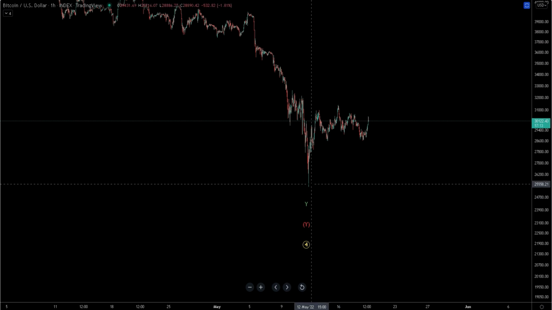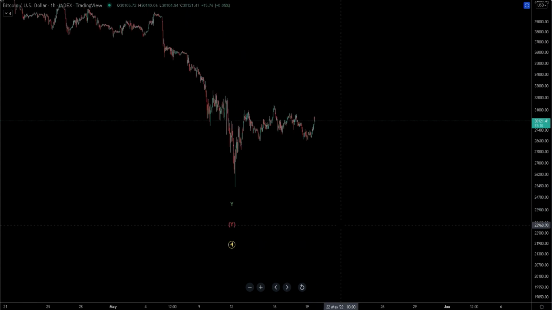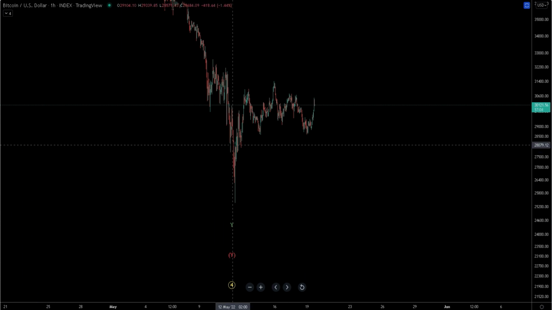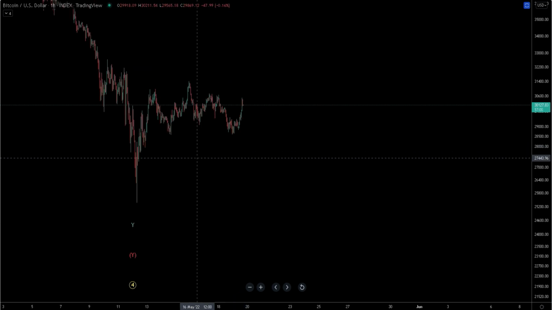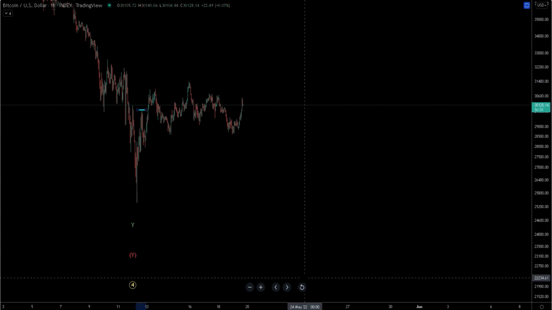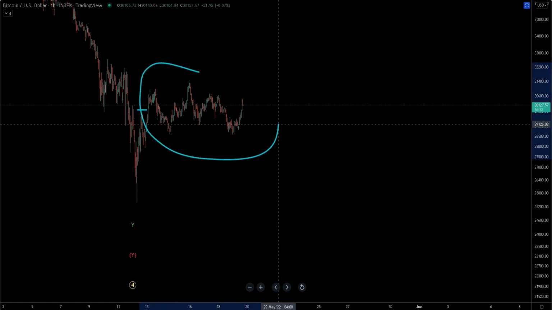What we need to get out of this is a 5-wave move. It's already failed. And the point that I knew that it failed was right here. All of this has happened.